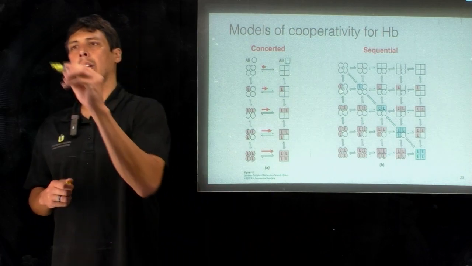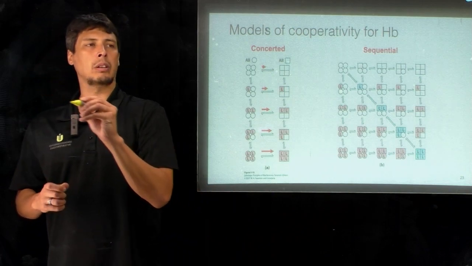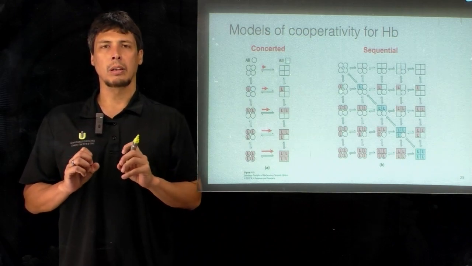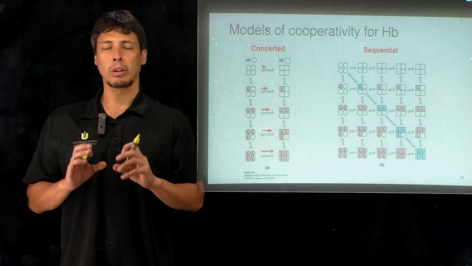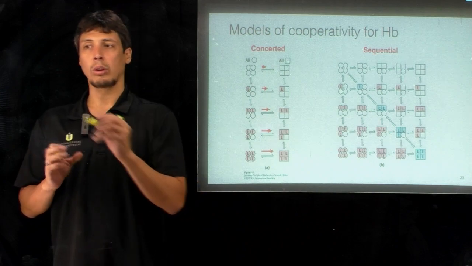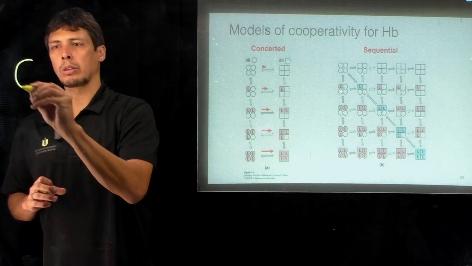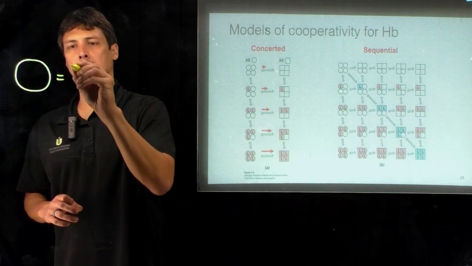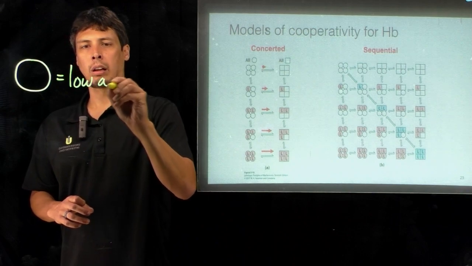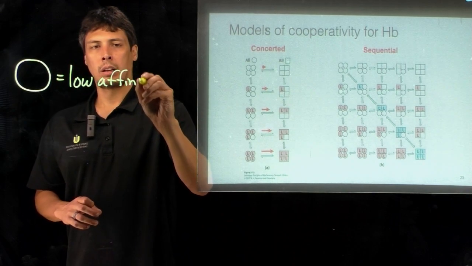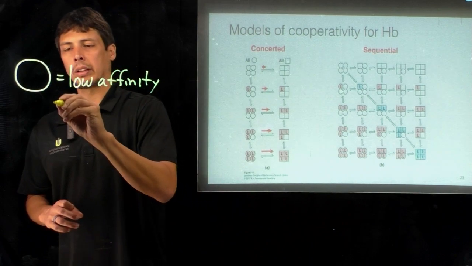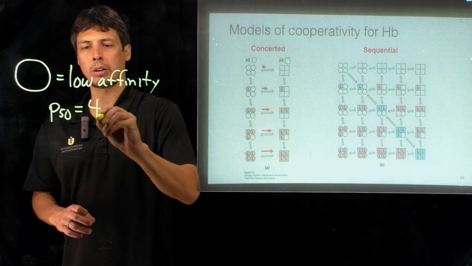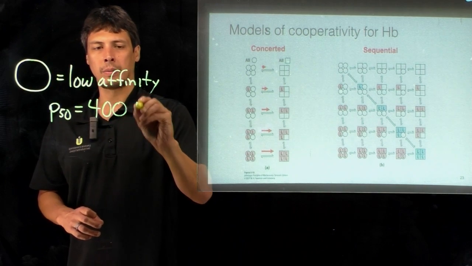Now, to understand these two models, what we need to think about is that each of the subunits in the tetramer can behave in one of two ways. Either they can have a low O2 binding affinity, so those are denoted by the circles in these diagrams. So this is low affinity. And to put a number on it, we'll say that the P50 for this is equal to 400 torr.